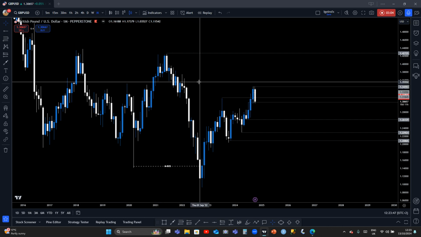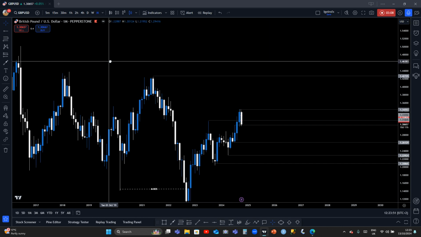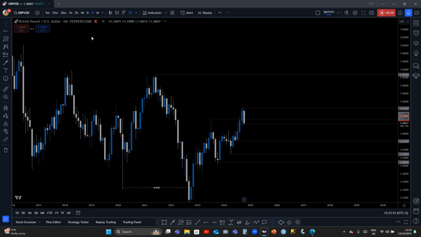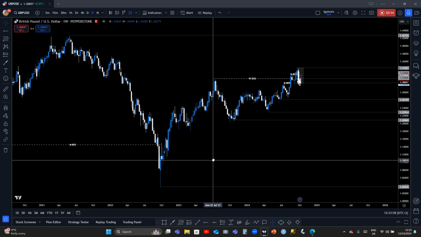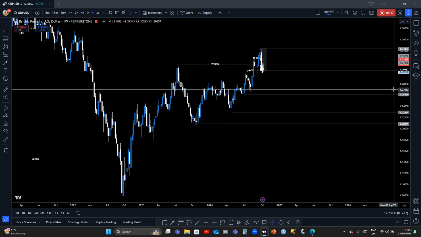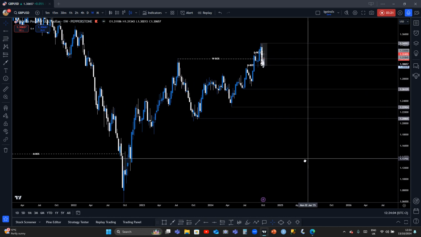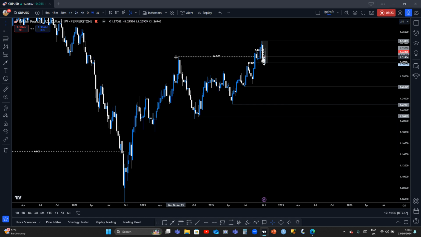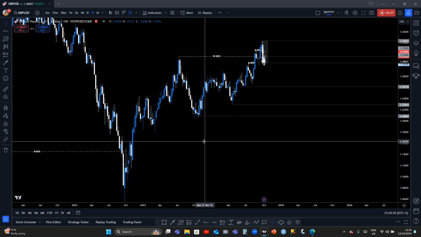Now the next thing we need to do is scale down to our weekly time frame, where we need to map out our structures.